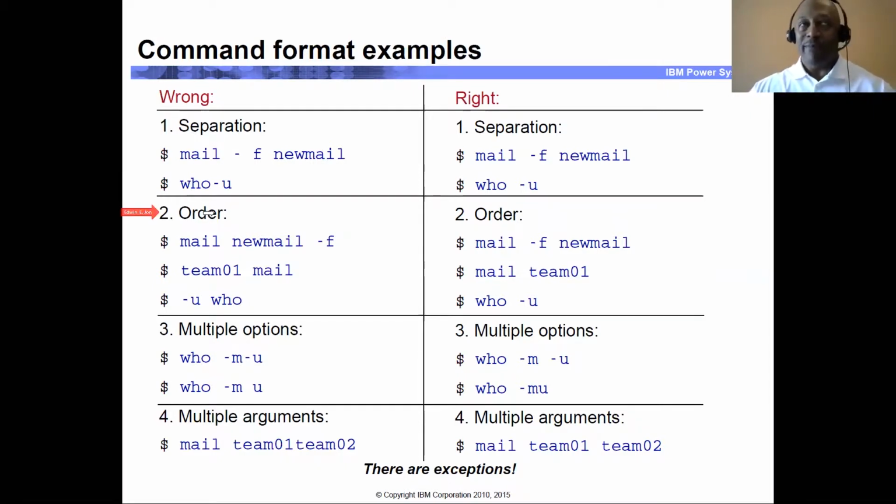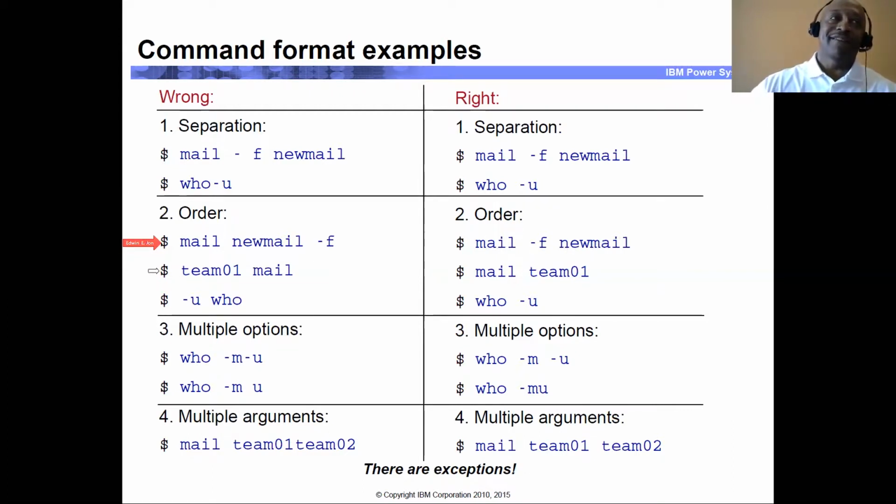The order is important. Remember, we said the order is command, option, and then argument if it needs to be specified. Here we have the mail command, then the argument newmail, and then the option third. The correct order should be command mail, option dash F, argument newmail.